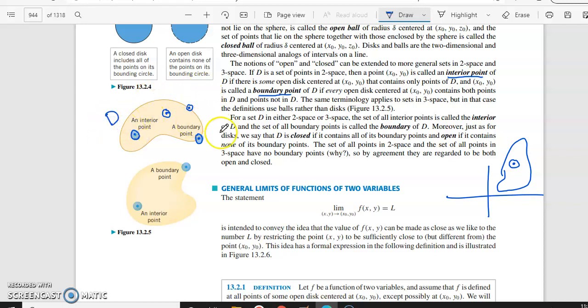So this is your set D, and it's called a boundary point if there is an open disk centered at x0, y0 which contains points in D and points not in D.